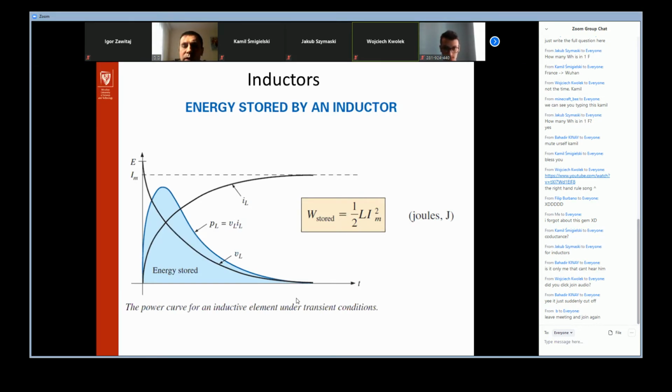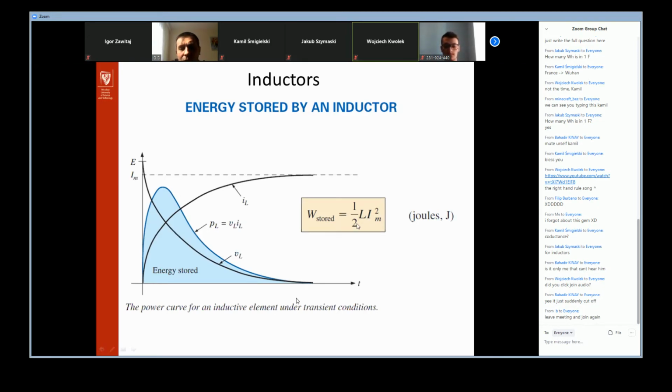There is no power dissipating energy on these components either, and the stored energy is given by the formula 1/2 L I maximum squared. As you see, it depends on the maximum current and on the inductance.